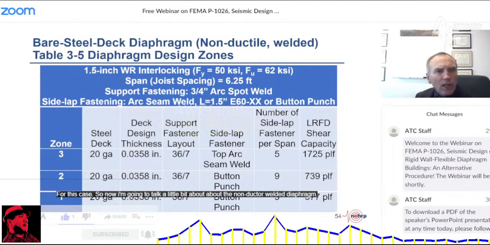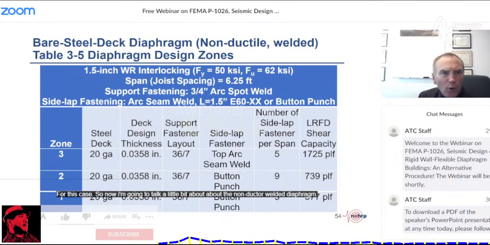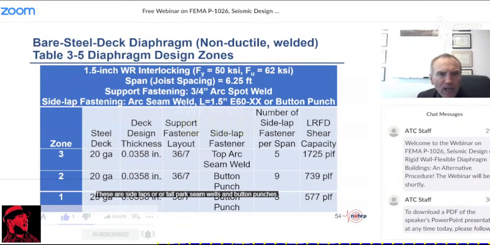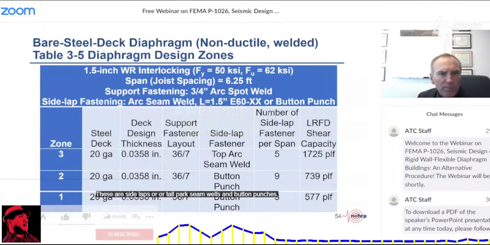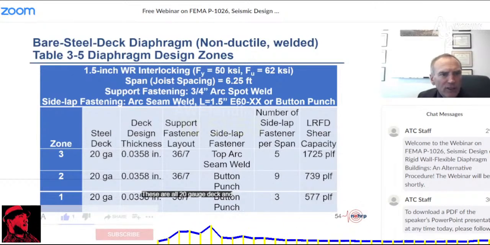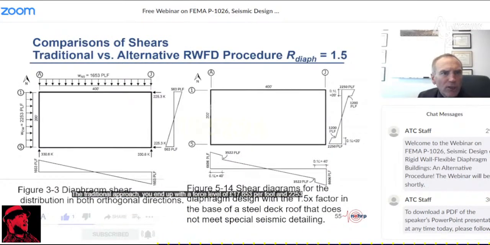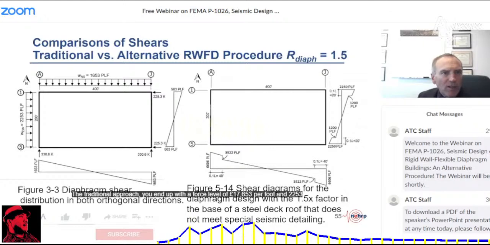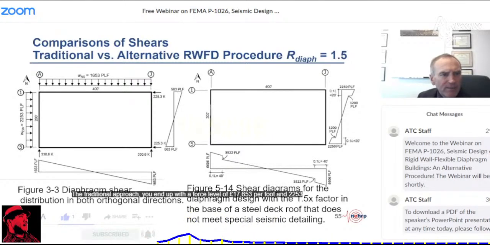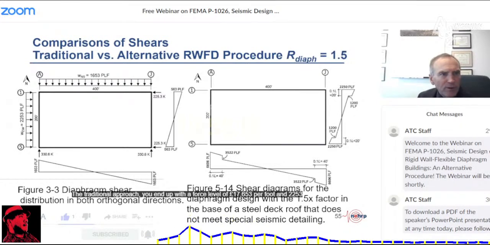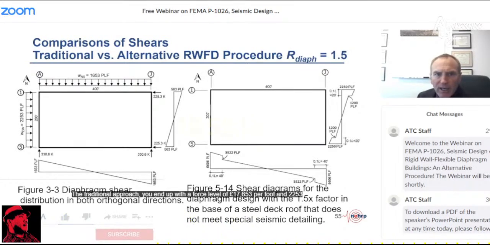Now I'm going to talk a little bit about the non-ductile welded diaphragm. These are side laps or top arc seam welds and button punches. These are all 20 gauge deck. In the traditional approach, you end up with a force level of 1653 pounds per foot and 2253.